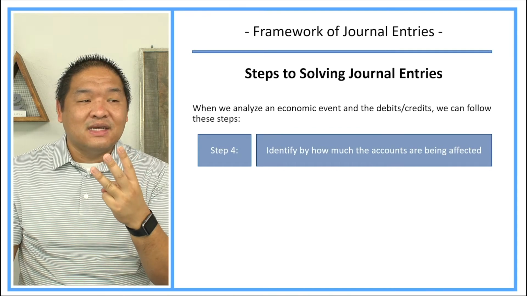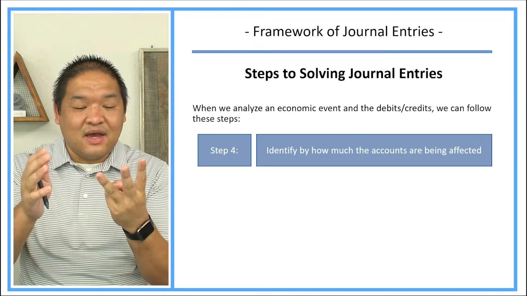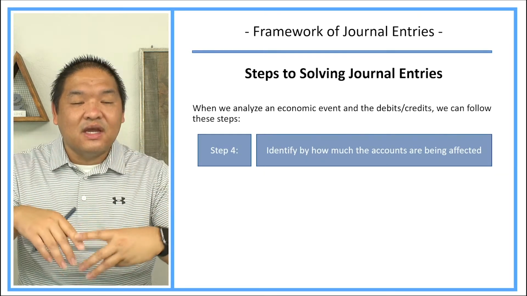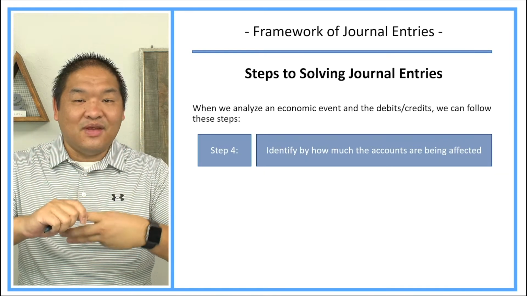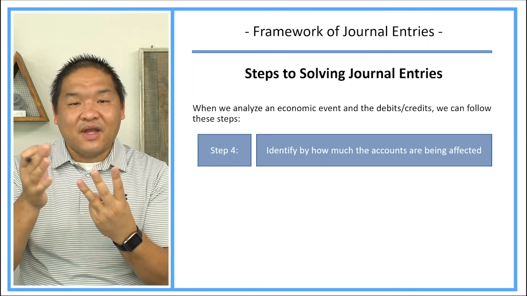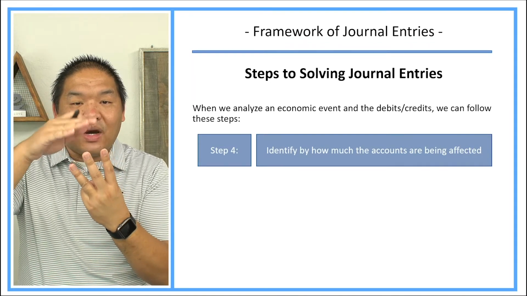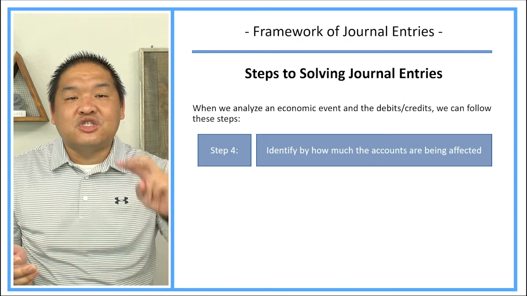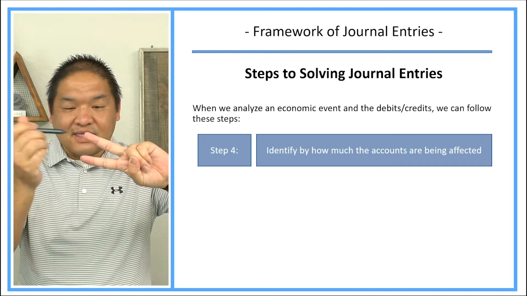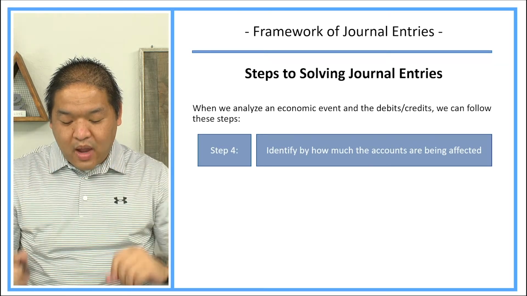You're going to impact the car, which is an asset. You're going to impact cash, which is an asset, but it's going to decrease. And then you're going to impact a liability because you're going to owe. So in that case, we have 3, but now we've got to figure out how much goes to each one of those. Oftentimes it's 2, and then it's easy. Whatever that transaction's for, it's going to go here and here, okay?